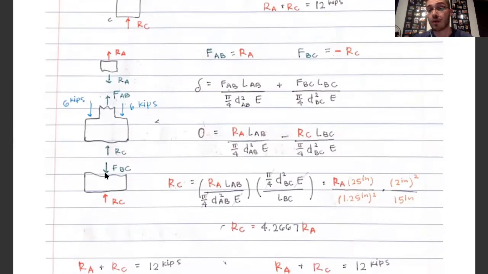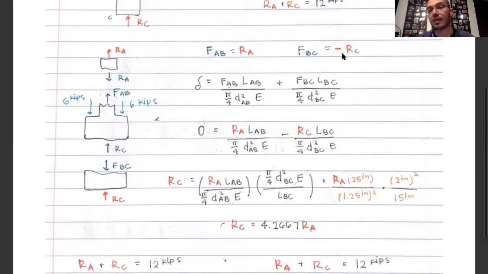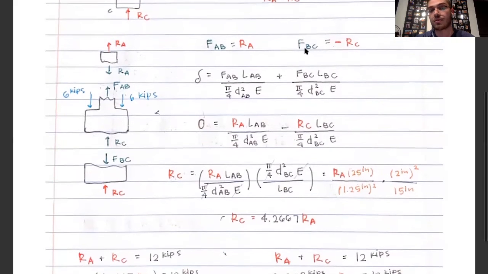Since they're pointing away from one another, but we know that they have to be directly equal to each other so that there's zero deformation, the force of BC and the force of RC will cancel each other out. We know that it'll end up being a negative reaction force C. So the force of BC is equal to the negative reaction force C.